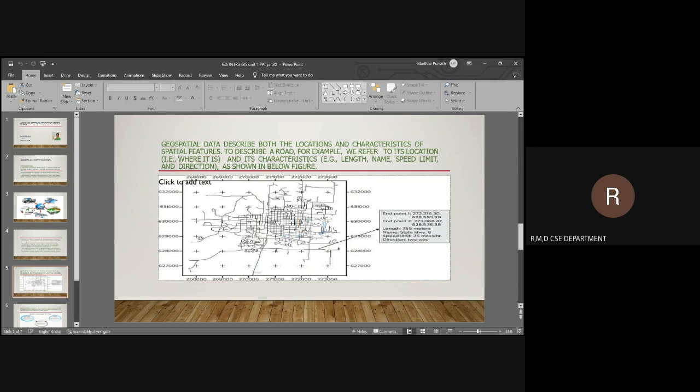Suppose you want to describe a road, or a street, or buildings, or colleges, we normally make use of spatial data, where raster data will play a major role. Then we refer to its location and characteristics, like how you see the road, or how you see the river, with the length, name, speed limit and directions. Every such piece of data is called geospatial data.